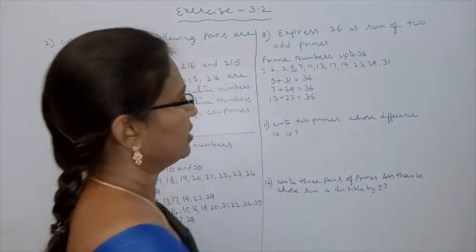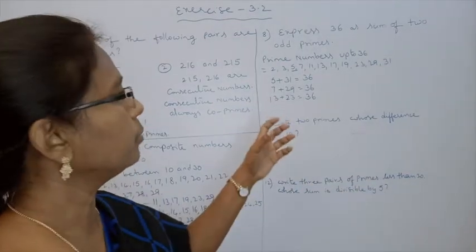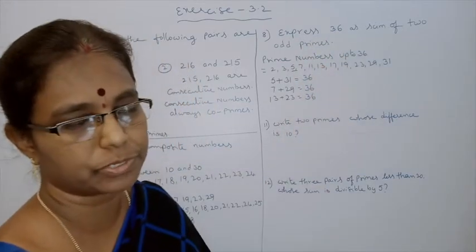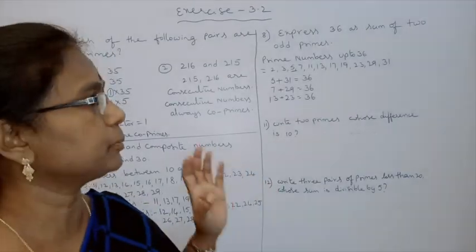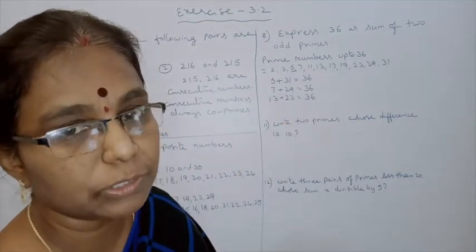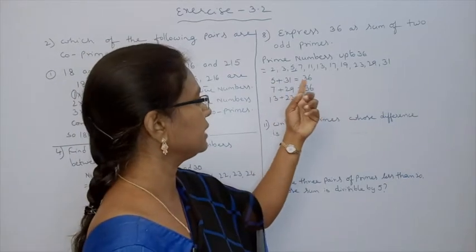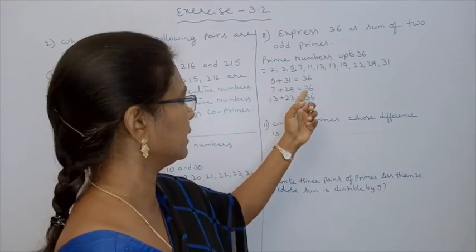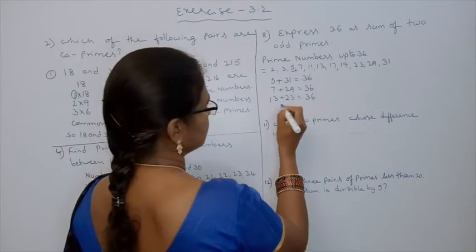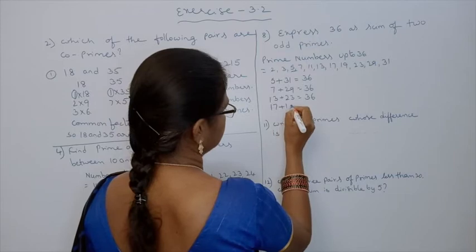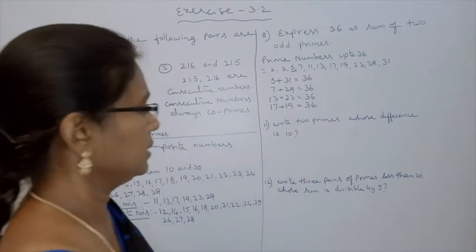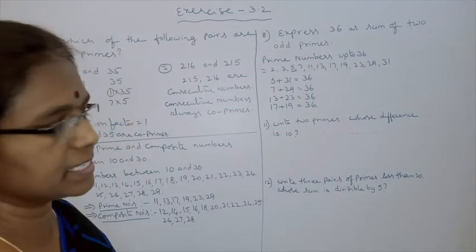Like this we have to write. First we write the primes up to 36, because we have to express 36 as the sum of two odd primes. From that we choose any two whose sum is equal to 36. 5 plus 31, 36. 7 plus 29, 36. 13 plus 23, 36. Next, 17 plus 19, 36.